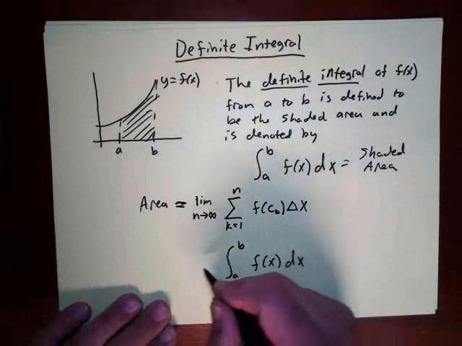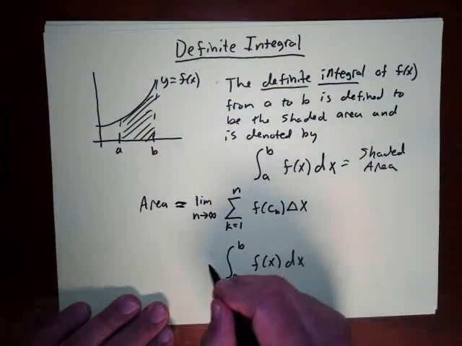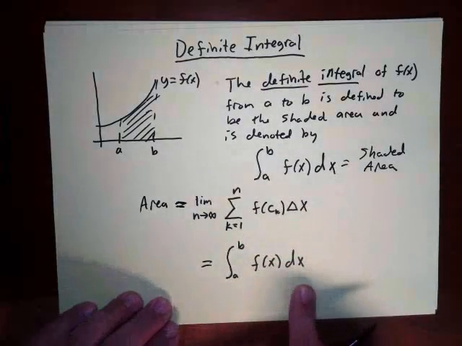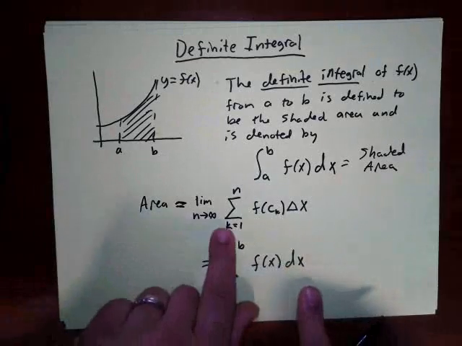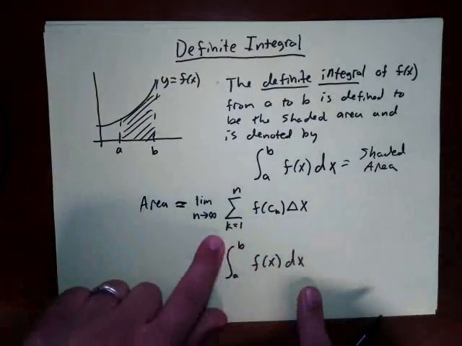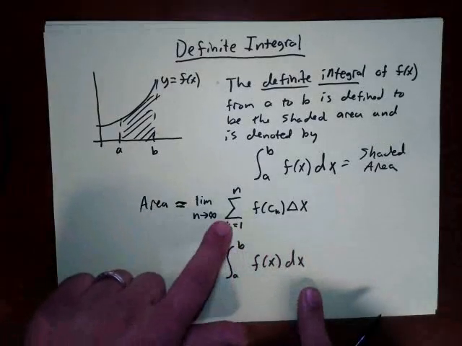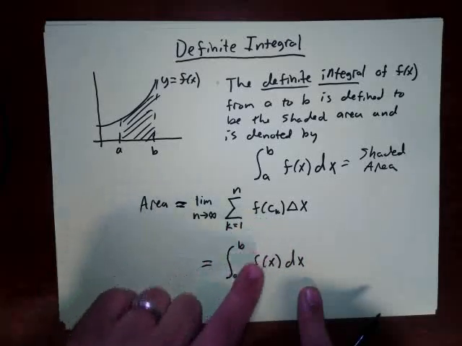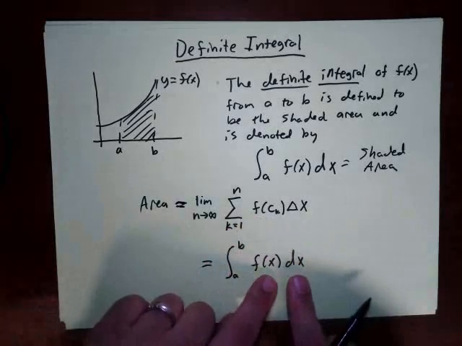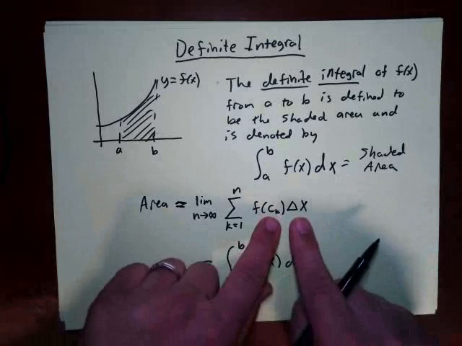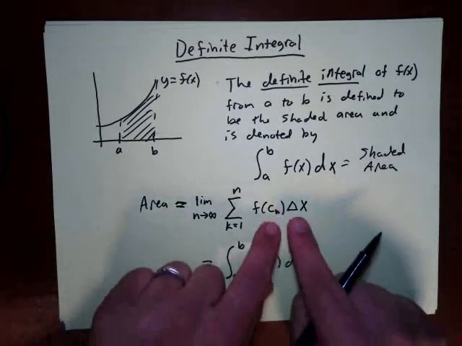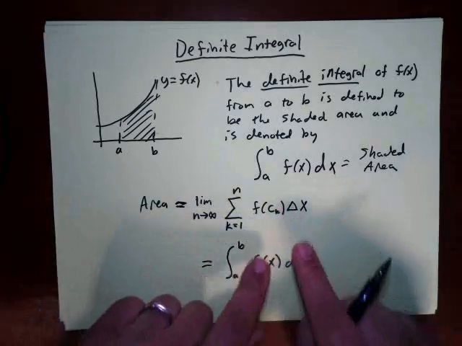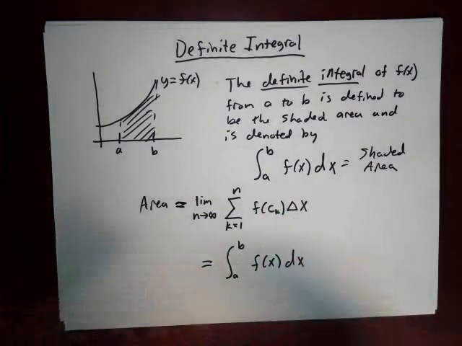So this area then is equal to this definite integral. So this actual notation is coming from the Riemann sum. The elongated s because you're taking an infinite sum, and then this f of x times d of x because it represents the area of each of those rectangles. Okay? And so that's actually where that notation comes from.